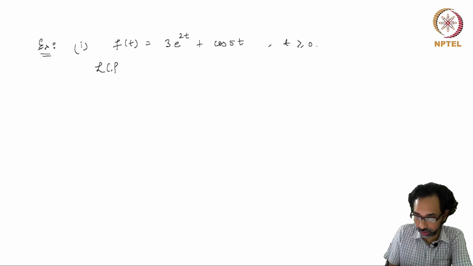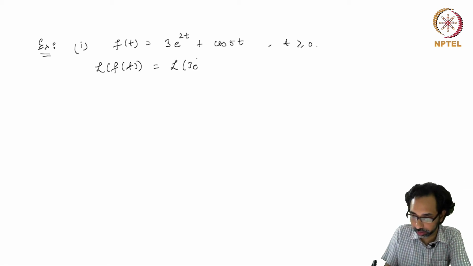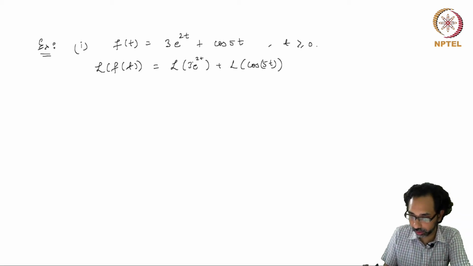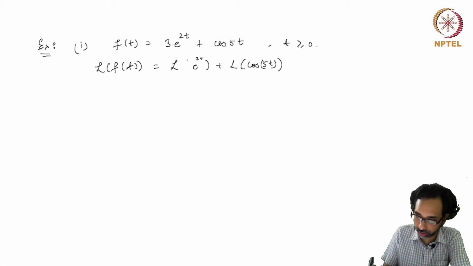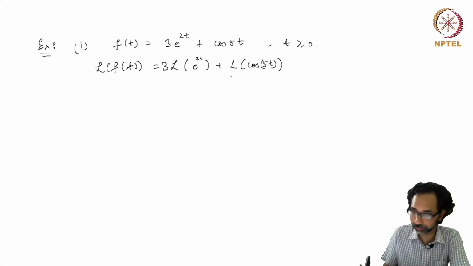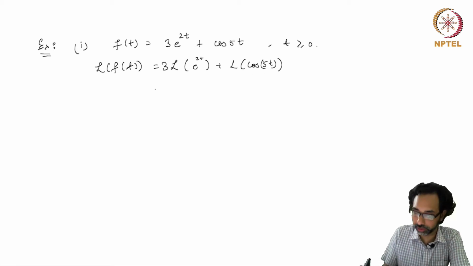So what is the Laplace transform of f of t? This is simply the Laplace transform of 3 e to the power 2t plus the Laplace transform of cos of 5t, and here you can of course take the 3 outside the Laplace transform. So 3 times the Laplace transform of e to the power 2t plus the Laplace transform of cos 5t.